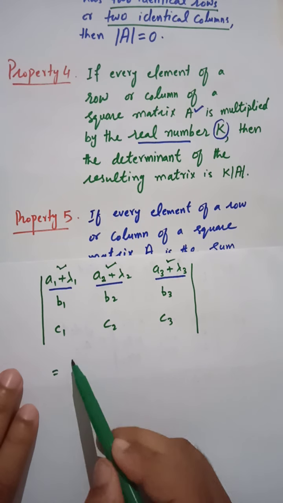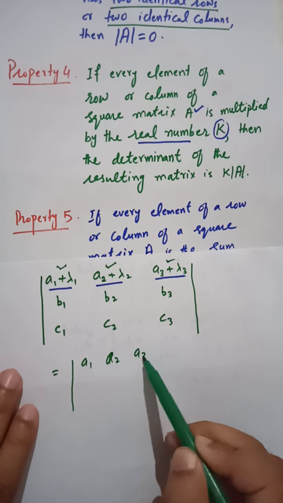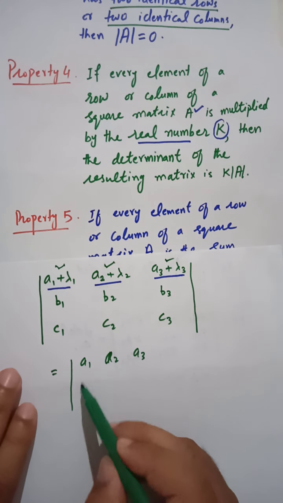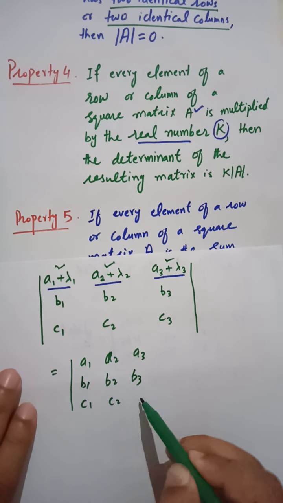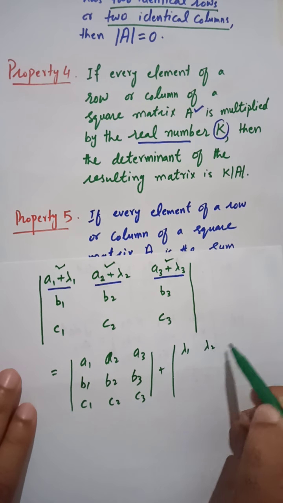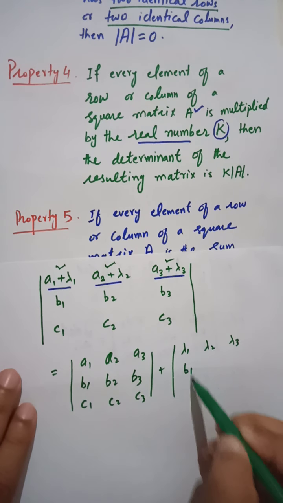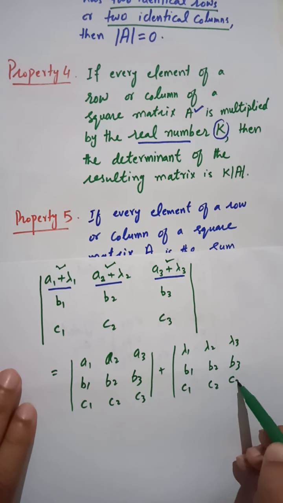A1, A2, A3, B1, B2, B3, C1, C2, C3 plus lambda 1, lambda 2, lambda 3, B1, B2, B3, C1, C2, C3.